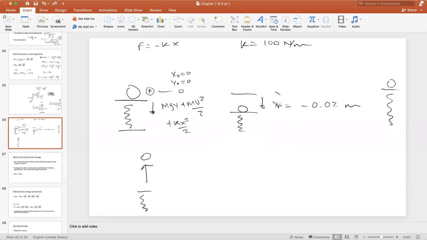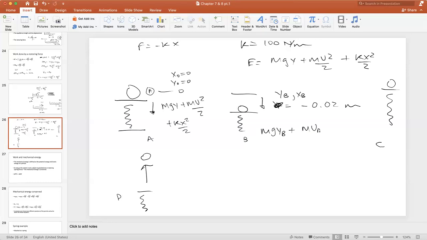I really should call this something else, like I should call this A and B and C and D. So y_B and x_B are both negative 0.02. x is how far I've pushed the spring in. So we have mgy plus mv squared over 2 plus kx squared over 2. And that's our energy at each point. So the energy here, if we just push it down and we hold it there for a minute, it would have mg y_B plus mv_B squared over 2, but it's at rest, plus kx_B squared over 2.